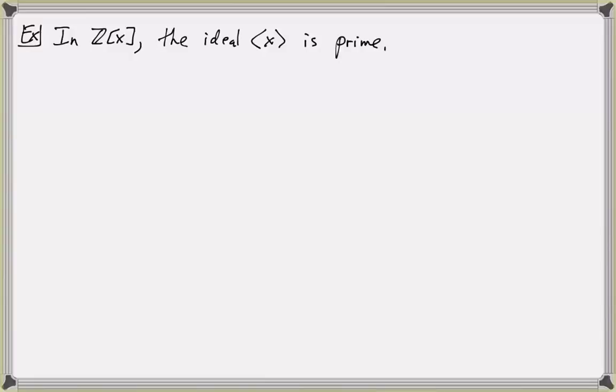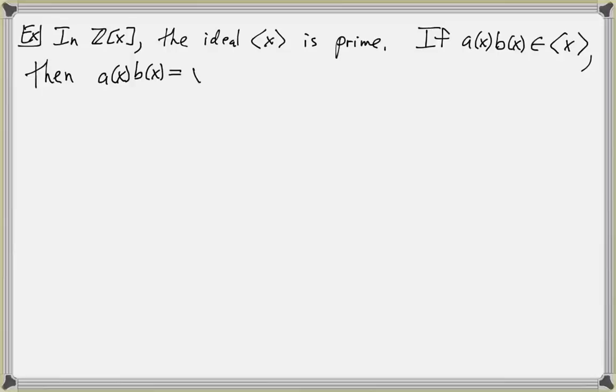So to show this directly, let's look at a product, a of x times b of x, and suppose this is in the ideal generated by x. Then a of x times b of x equals x times some polynomial q of x.